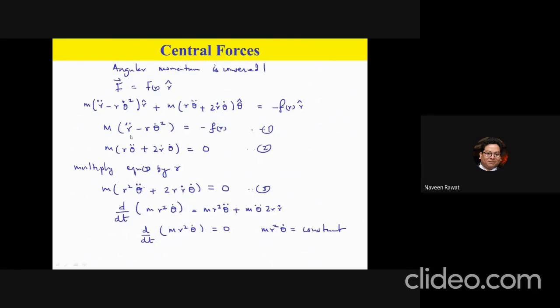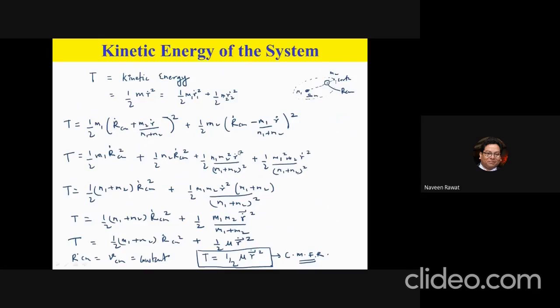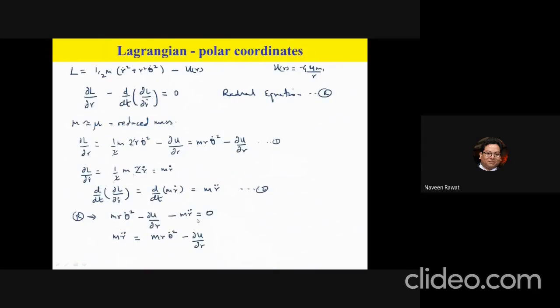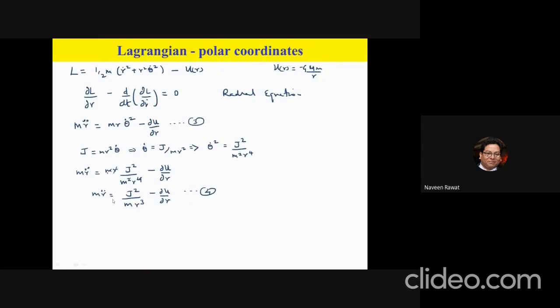Again you're seeing that force is some mass times acceleration. So essentially here you are getting an equation of motion when you are looking at how this central force is behaving.